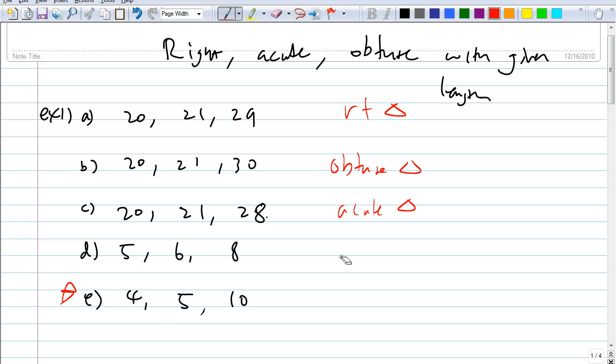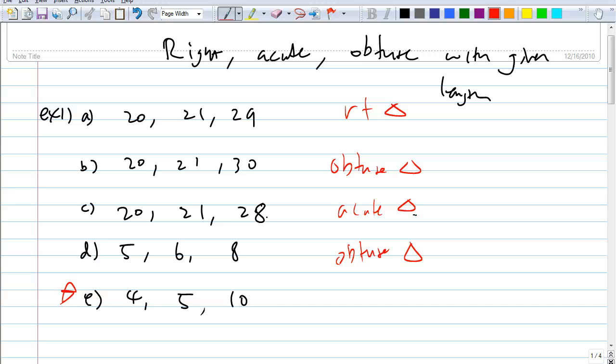So Eamon, you want to change your answer? It's obtuse. Okay, you have a question, Andrew? Wait. We have 25 and 36, which equals 61, and 8 times 8 equals 64.